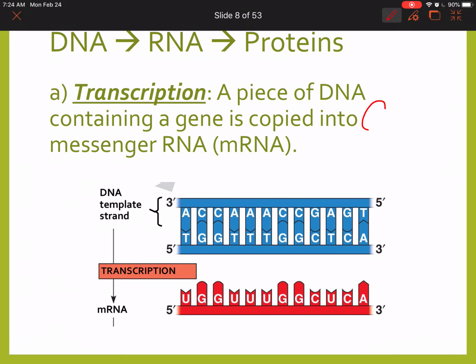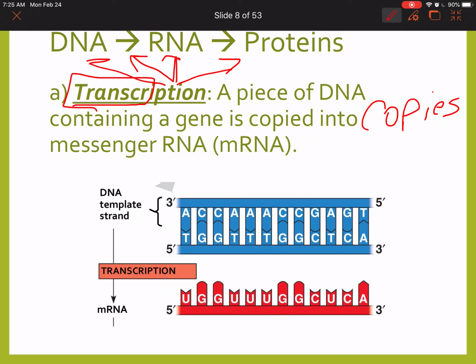Transcription is all about copies. Think of a transcript. A transcript is a copy of your grades. We take that transcript and we send it out to all the various universities you apply to. But they all get the same copy. So transcription takes DNA and creates an mRNA copy.